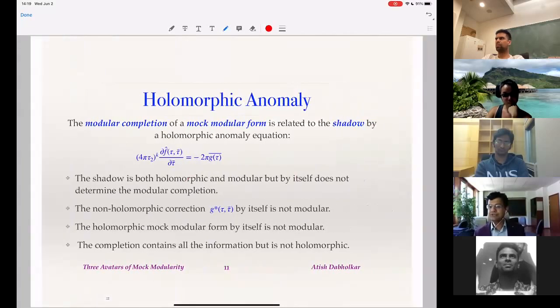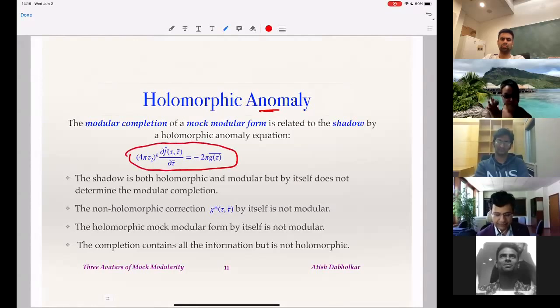Another way to characterize it, which is closer to the physics application, is to think of it as a holomorphic anomaly, that a modular completion of a mock modular form is related to the shadow by a holomorphic anomaly equation, which is here. So basically, if you take the tau bar derivative of f hat, you don't get a 0. And you fail to get a 0 by a function which is itself a complex conjugate of a modular form. So g of tau was a modular form, you remember, and this is the complex conjugation of that modular form. So the shadow is both holomorphic and modular, but it does not determine the modular completion.